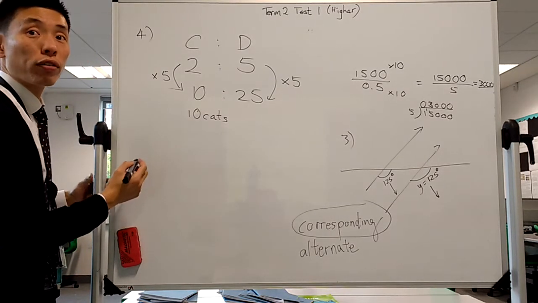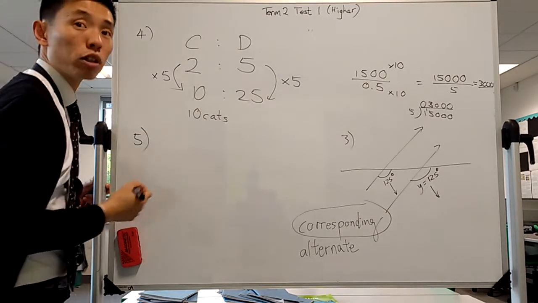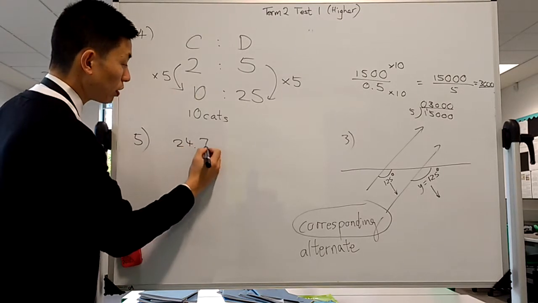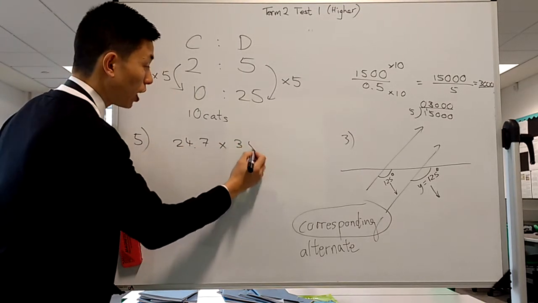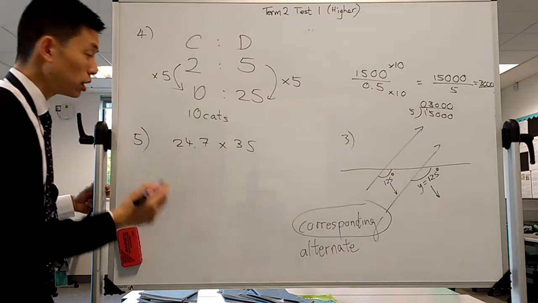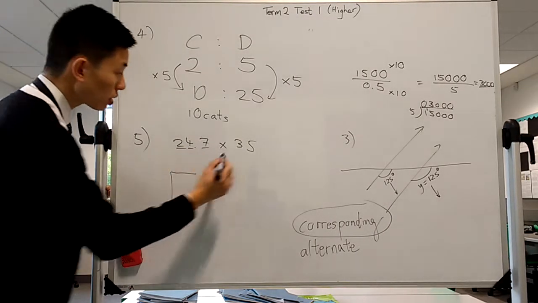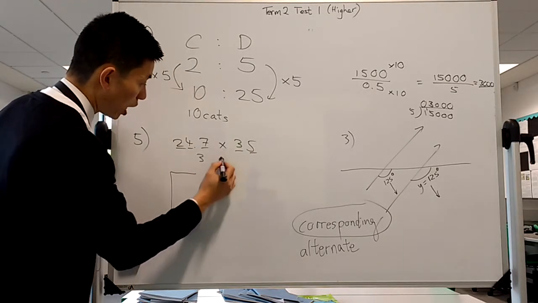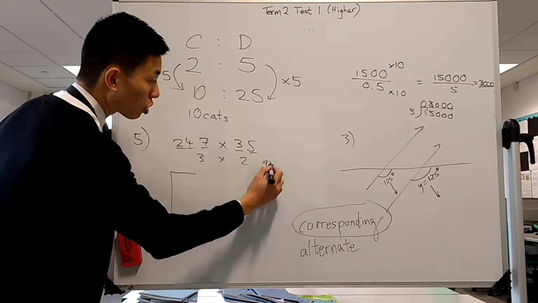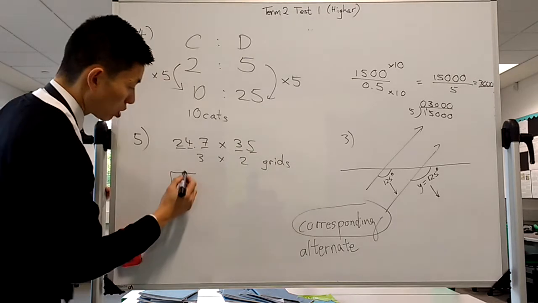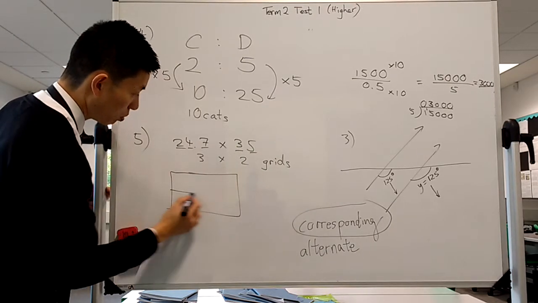So question 5. I'm going to multiply 247 by 35. I'm going to do this using the Chinese method. Because there are 3 digits and 2 digits, I will do a 3 by 2 grid.